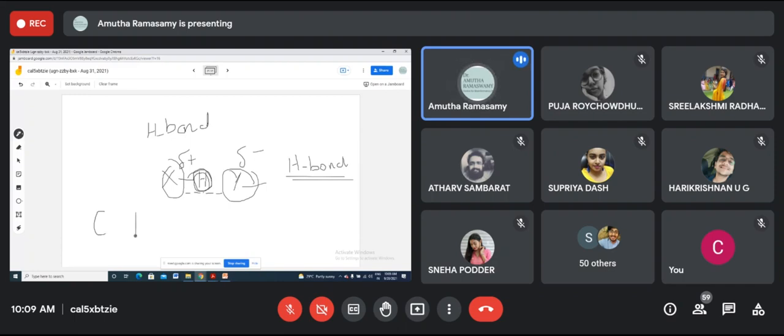Coulombs, then hydrogen bond, then van der Waals. I think hydrogen bond is very close range, then Coulomb, and then van der Waals. Okay, so these are the interactions that take care of the entire non-bonded interactions.